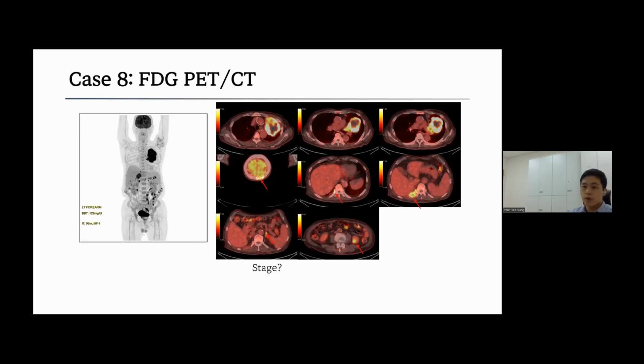So the stage for this patient is T4 N2 and M1c, multiple extrathoracic metastases. Percutaneous biopsy of the lung was performed, and the pathological diagnosis confirmed squamous cell carcinoma. Palliative chemotherapy and radiotherapy for the right-side ribs are planned for this patient.